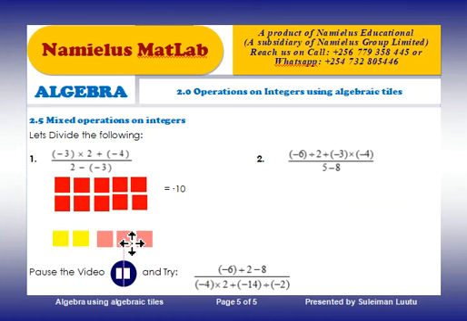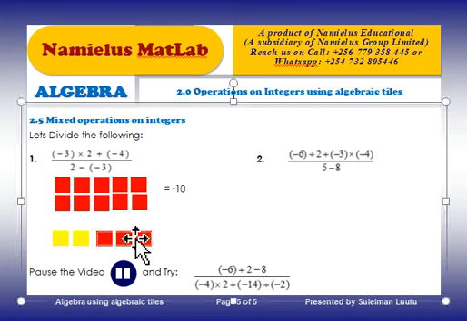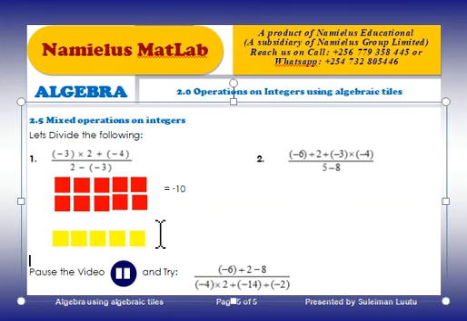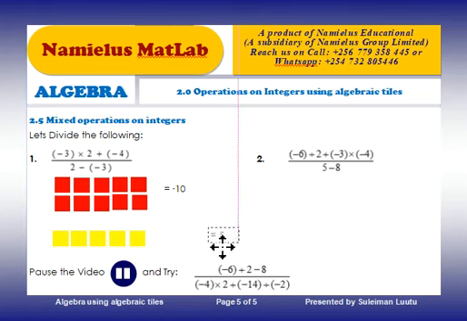So it is 2 minus 3, but it is minus a negative. When we subtract a negative, it turns out to be a positive. So in the end, our numerator is giving a -10, and then our denominator is giving a positive 5.